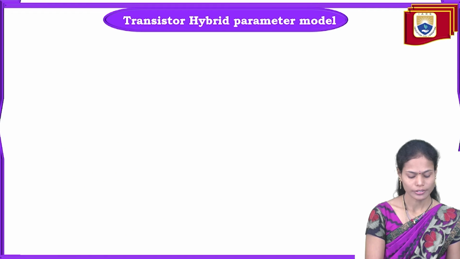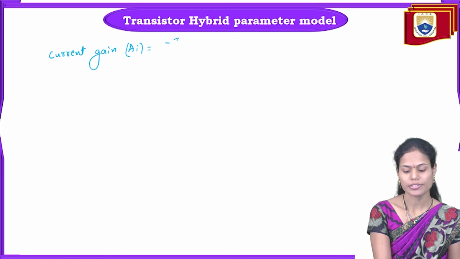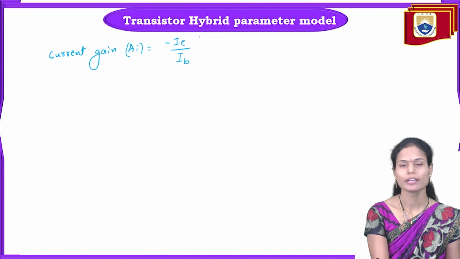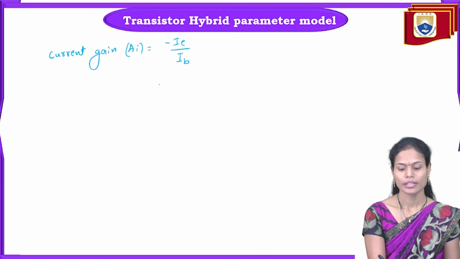Next we'll find the first amplifier parameter, that is the current gain AI, which is equal to minus IE by IB. Why? Because the emitter current is the output current and the base current is the input current in the common collector configuration.